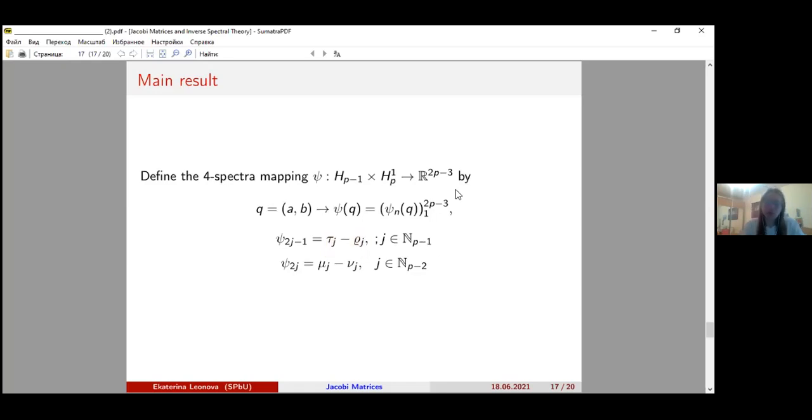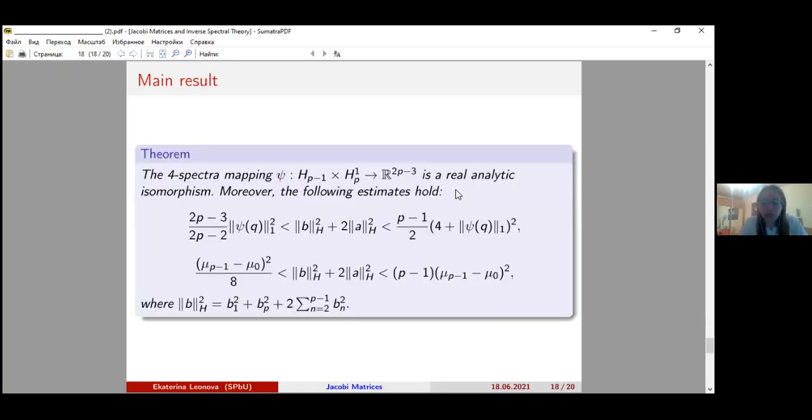So there are some special cases that are pretty interesting. And we have an estimate. It turns out that we can find out how big the coefficients of our matrix are using these gap lengths.